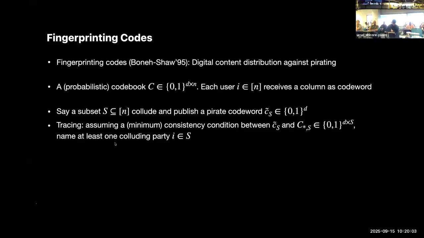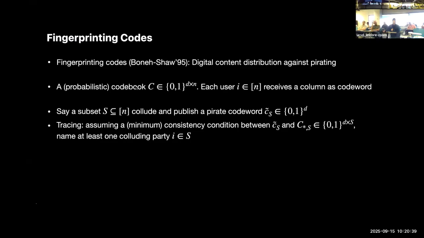So by tracing, I guess fingerprinting code offers the following tracing attack: if you assume a minimum consistency condition between the output codeword and the codebook, the subset of the codebook available to the pirate users, then you can name at least one colluding party i in this subset S. Assuming some kind of consistency condition between the output and the input is natural, because again, the codebook is randomly generated.